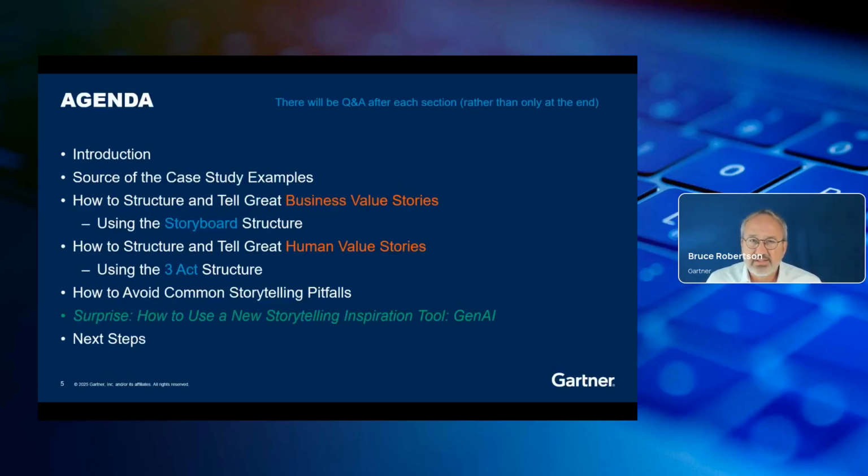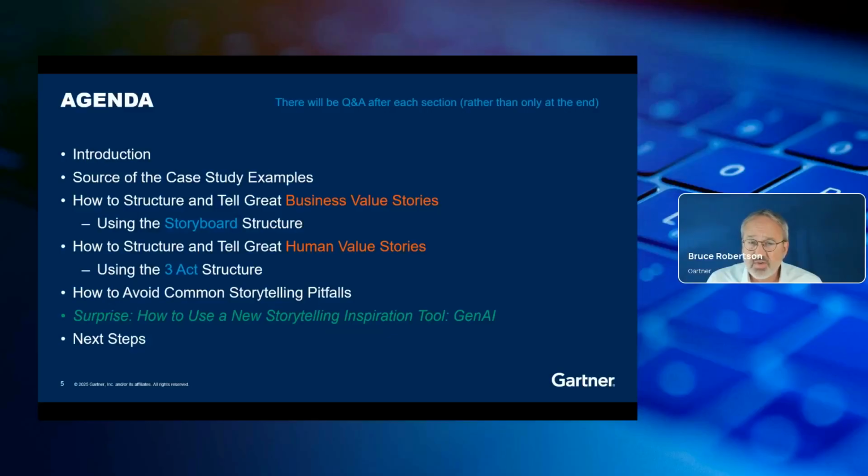I'm going to give you an introduction to the general idea of storytelling, and I'm going to use a case study as an example throughout. Then we're going to go into each of the structures: for a business value story, we're going to use a storyboard structure, and secondly, for a human value story, we're going to use the 3-act structure.